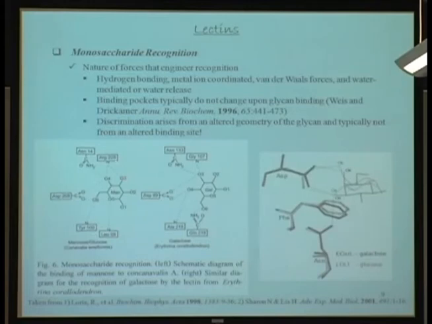O4, O3 is being recognized by this group, whereas O3 alone is being recognized by this group. So you can see a twist which is engineered in the recognition principle, which generates the high affinity. Overall, the differences in preferential geometry are the reason for specificity.